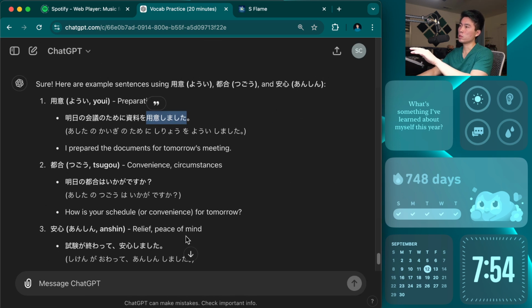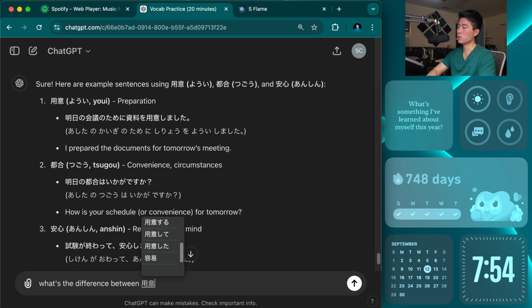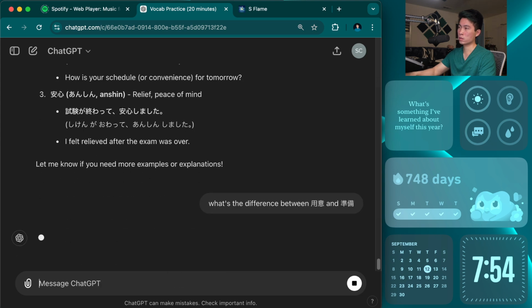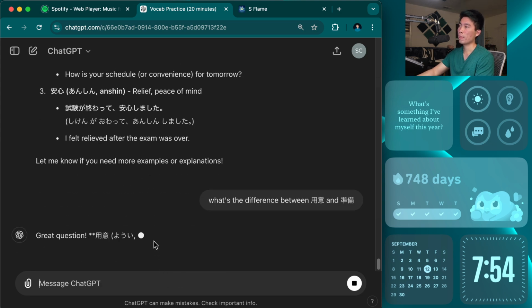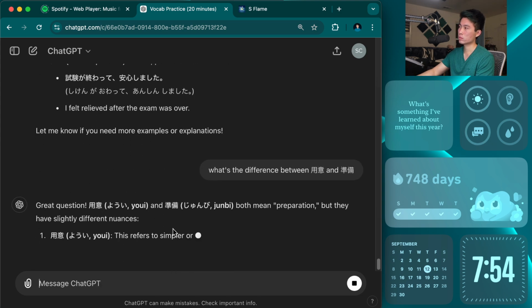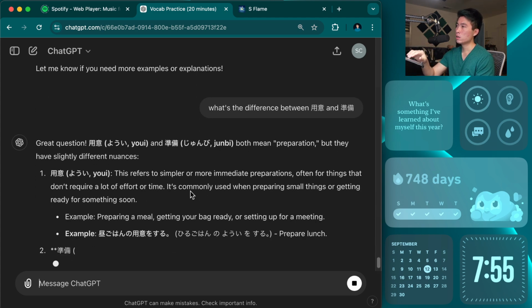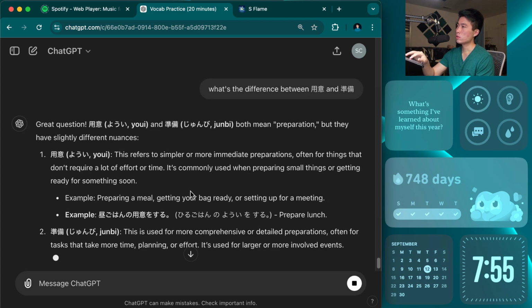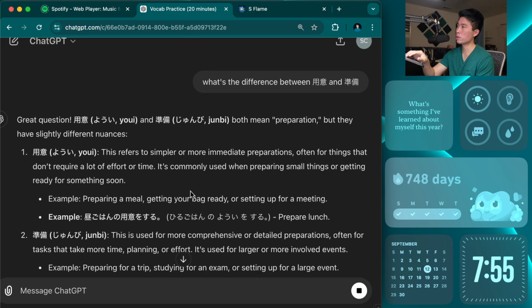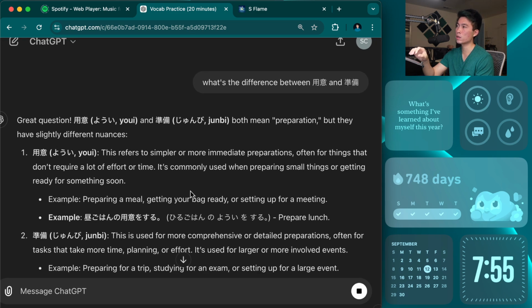What's the difference between 用意 and 準備? Both mean preparation, but they have slight differences. 用意 refers to simpler or more immediate preparations, often things that don't require a lot of effort or time.